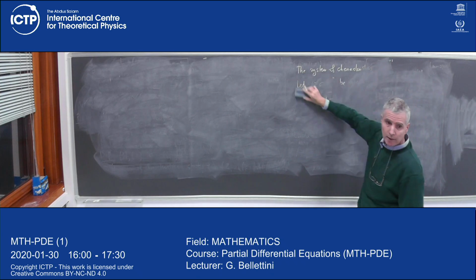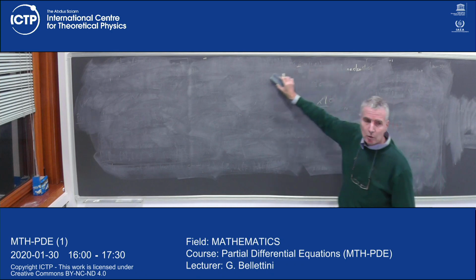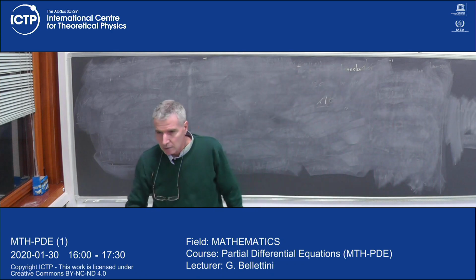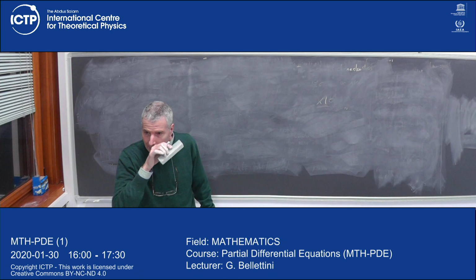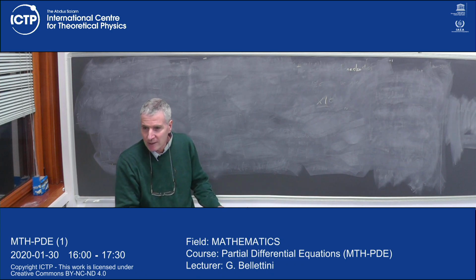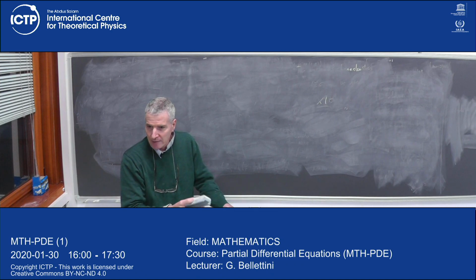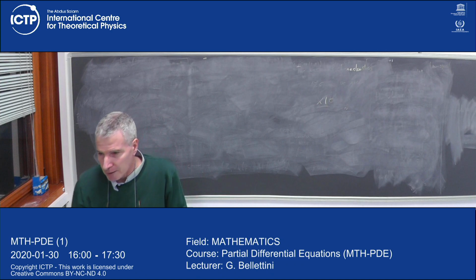Other comments or questions, something which is not clear? Everything is clear? So that you can go home without doubts. Now you will see why. What is not clear maybe is why I am doing this capital X and Y. I have introduced the system. You will see in a moment.